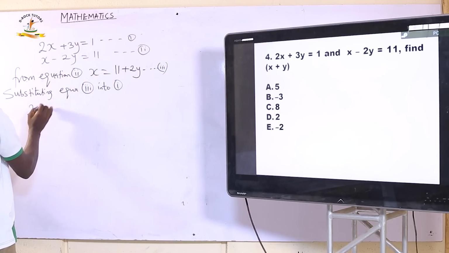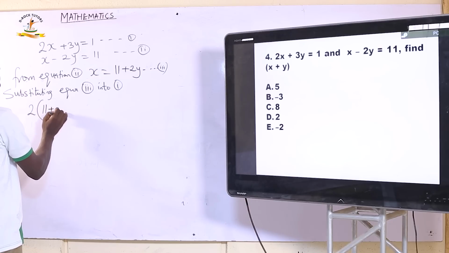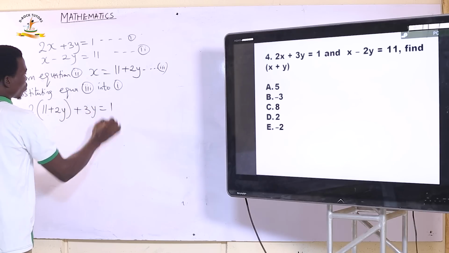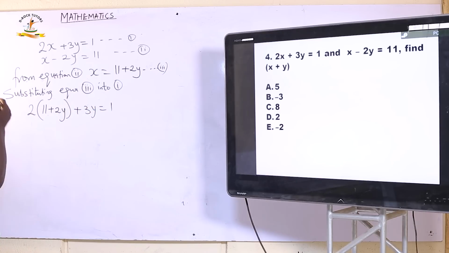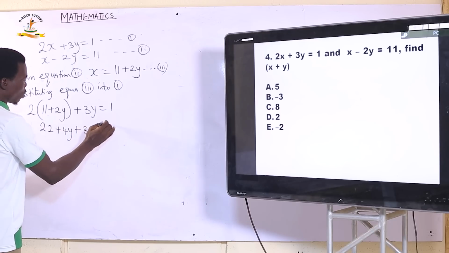So instead of writing 2x, I put the value of x, which is 11 plus 2y, plus 3y equals 1. And with this, we're going to open the brackets and we have 22 plus 4y plus 3y equals 1.